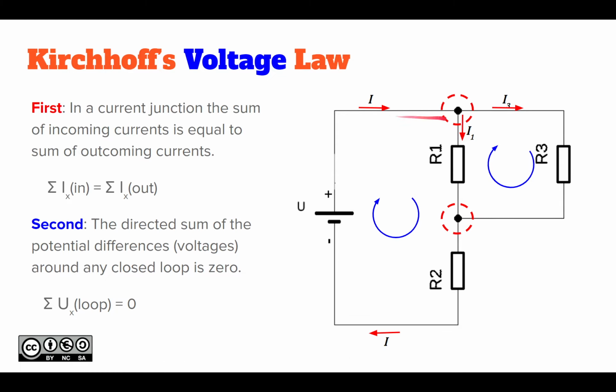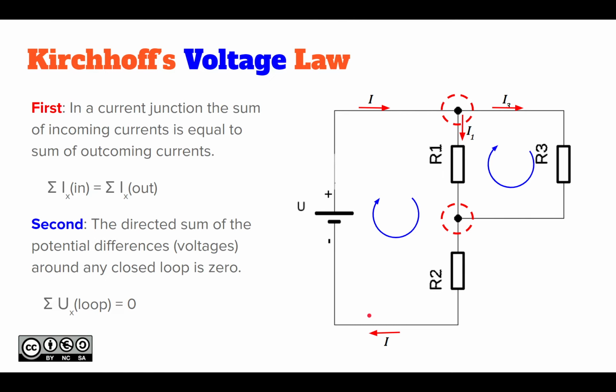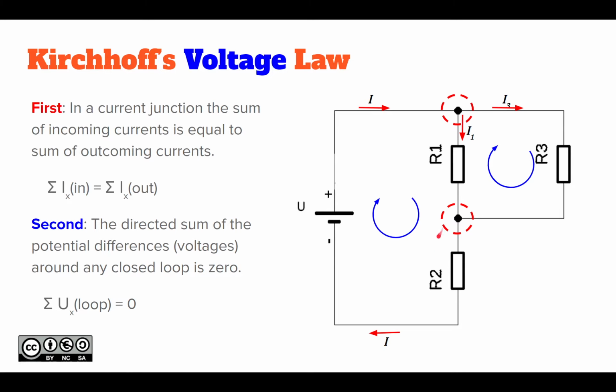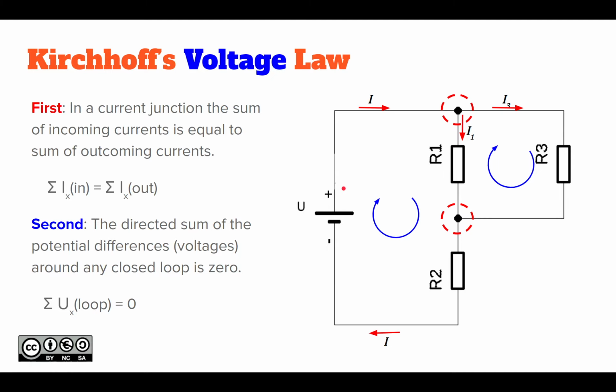On this closed loop, the sum of voltage differences is 0. We start from this point. We have one voltage drop here, another voltage drop here, and then a third one here, which is negative.